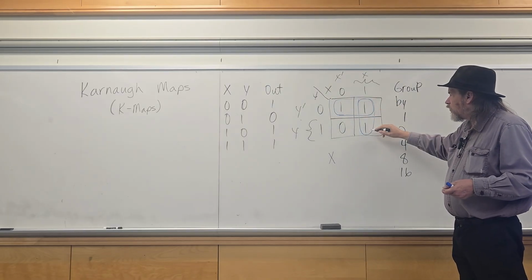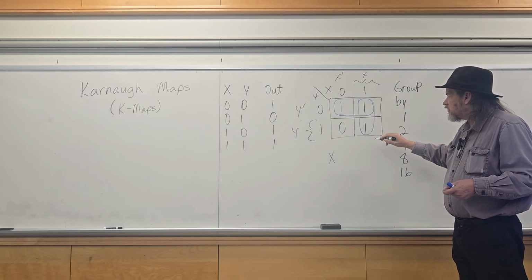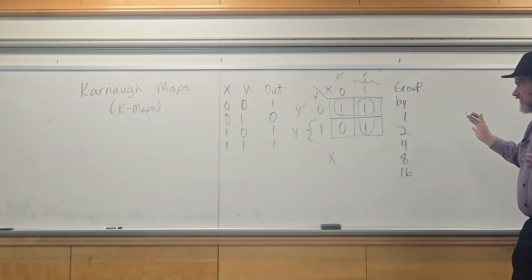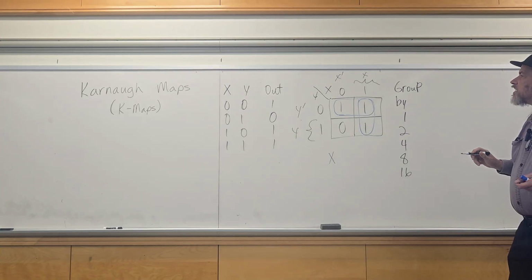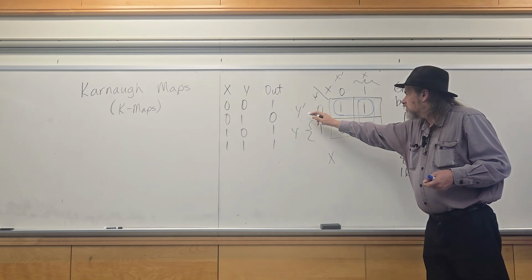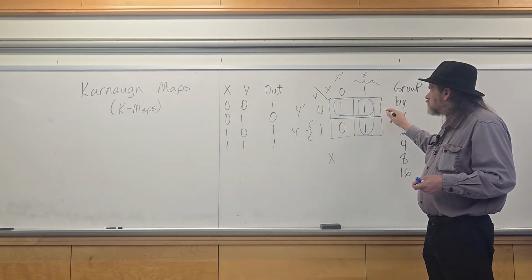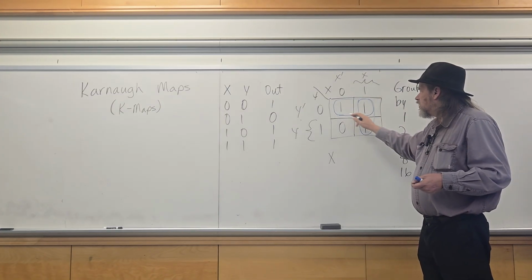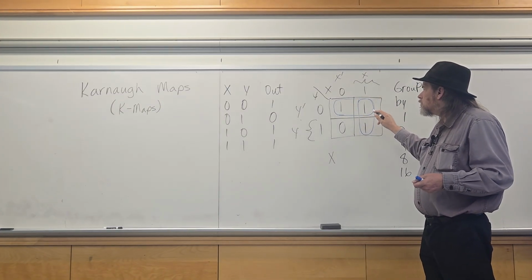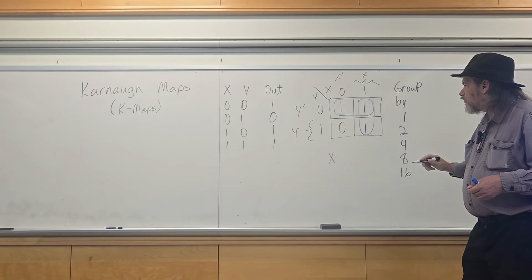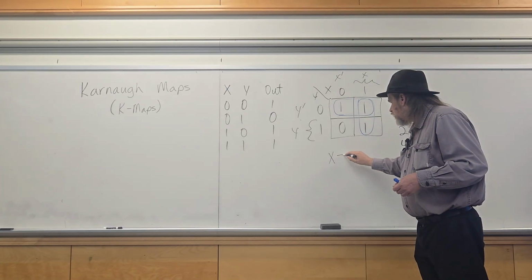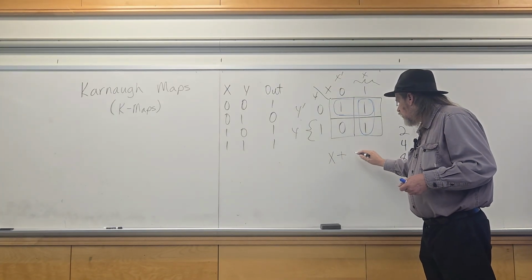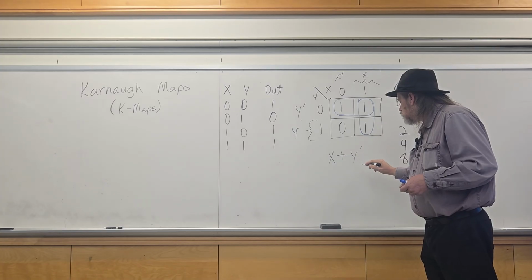The X is always 1. So it simplifies to just X. Here, it's Y prime. It doesn't matter what X is. If it's Y prime, it's a 1. So you do an OR Y prime.